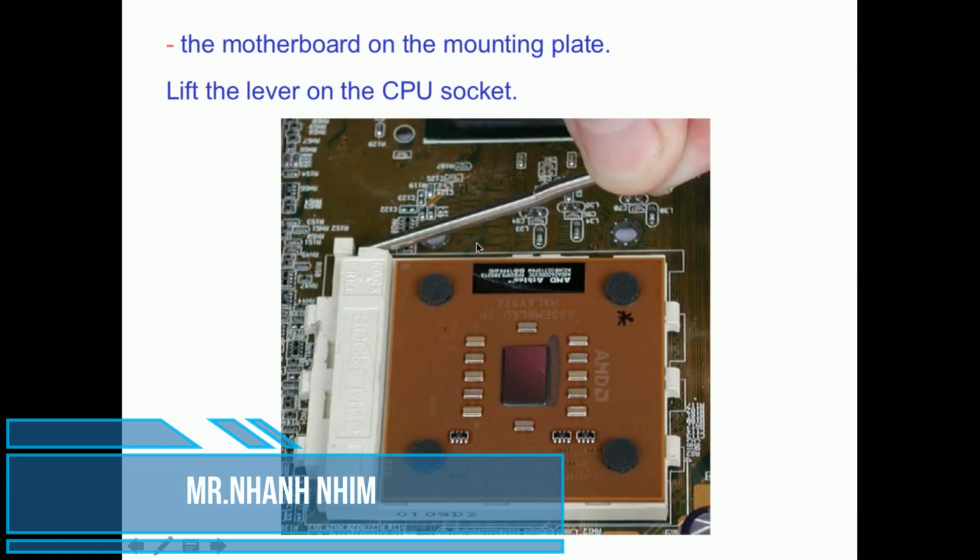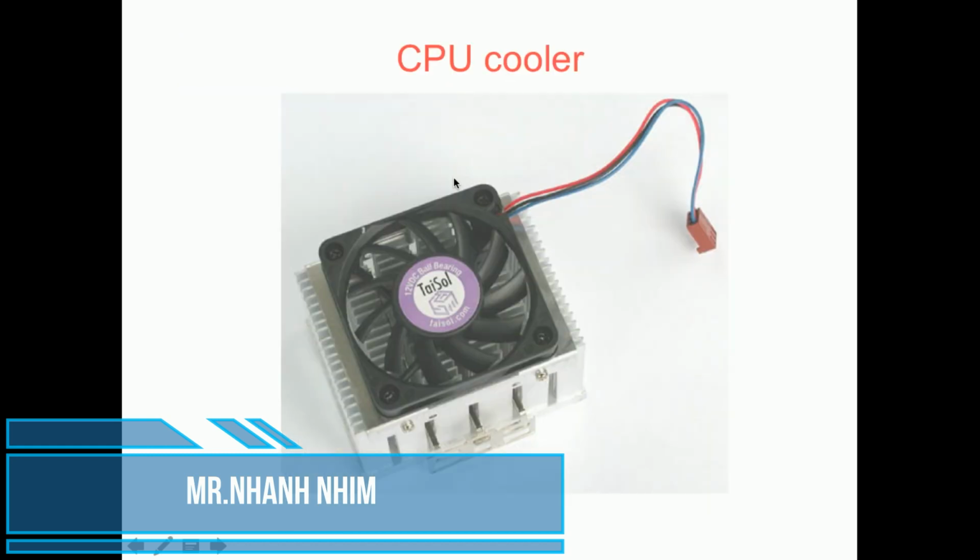Actually, the motherboard or the mounting plate lifts the level of the CPU socket. You can see it in the picture, and this one mostly the people or students never use. You can say CPU cooler. Actually, inside our computer, we have a CPU cooler. It is important because it makes your computer run easier and cooler.